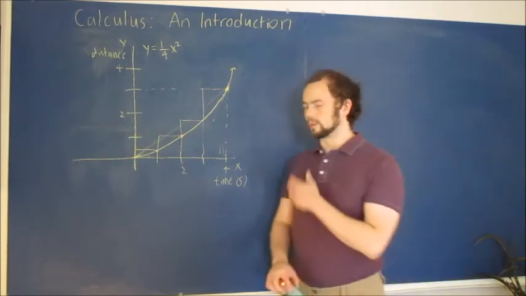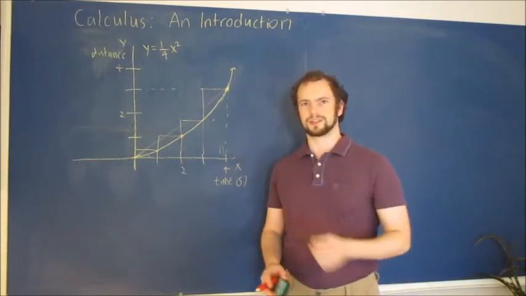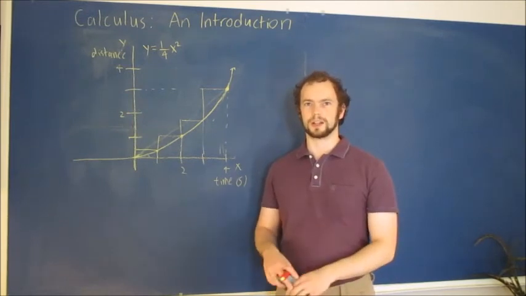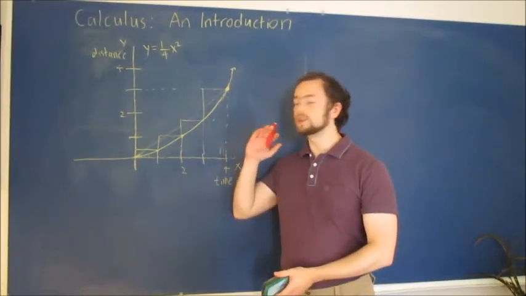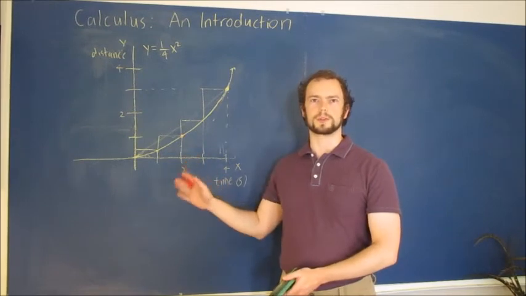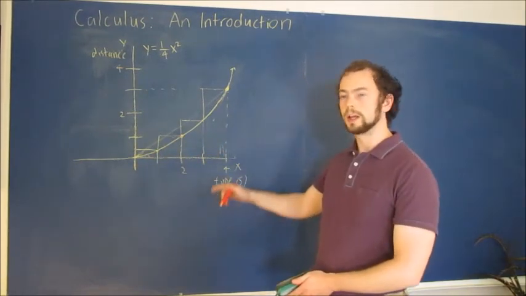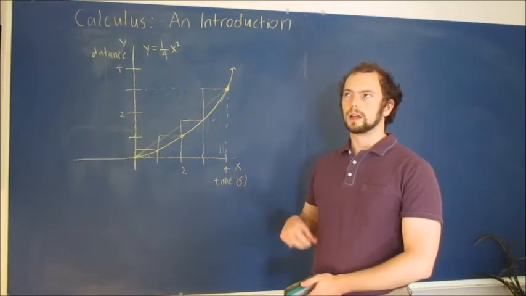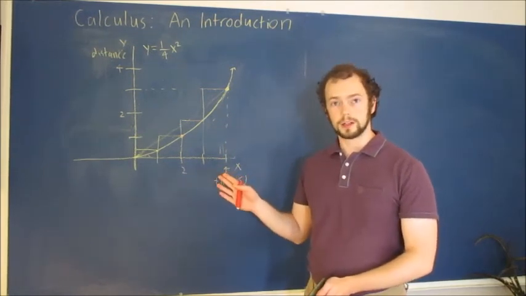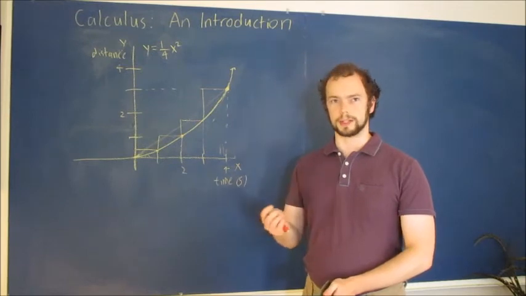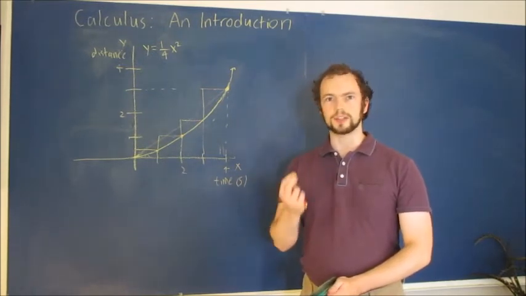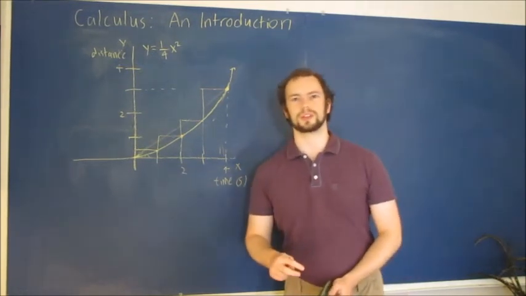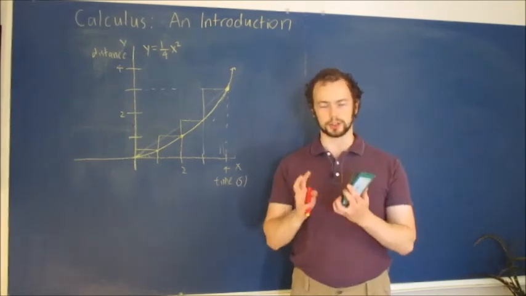Okay, so this is the problem that calculus is occupied with. And the solution to both of these problems, the tangent line problem and the area under the curve problem, are solved by the use of something called the limit, which is the foundation of calculus. It's really the underlying principle that undergirds the whole thing.